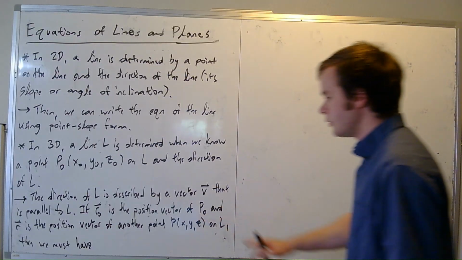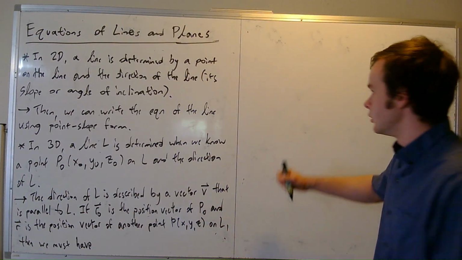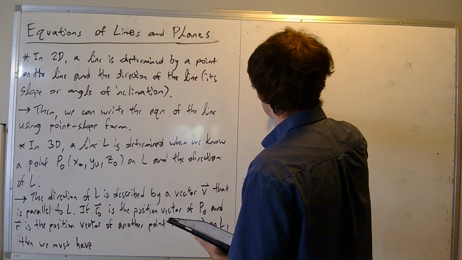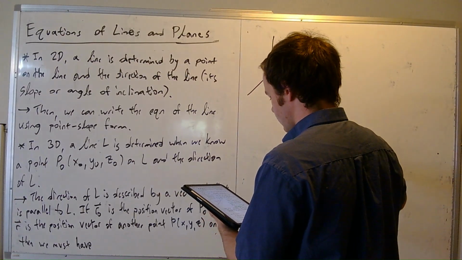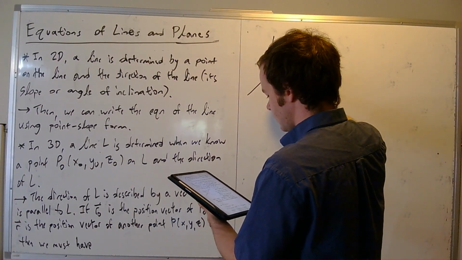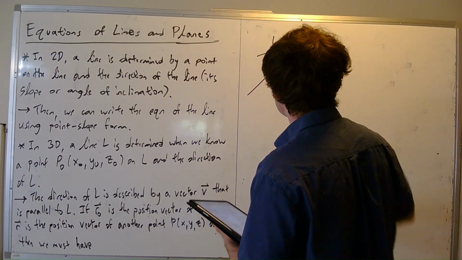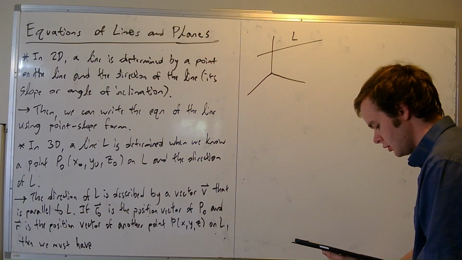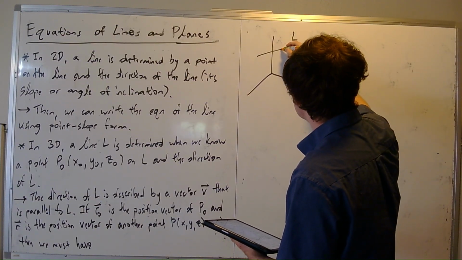Alright, so before I finish the statement, let's just gather exactly what's going on here. So let's draw a coordinate system. So let's say this is our coordinate system, and this is our line L. Let's say that's the line L. And let's say that we pick a point on the line. I don't know, let me use orange, let's say.